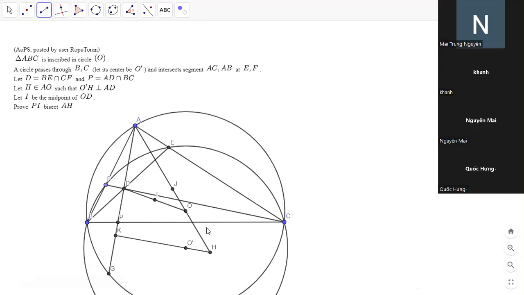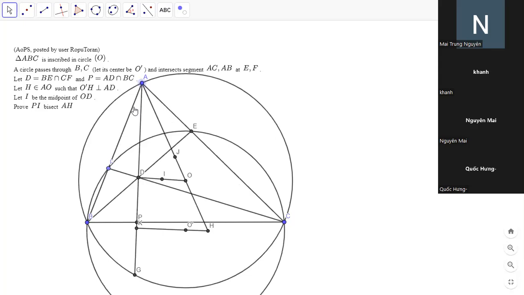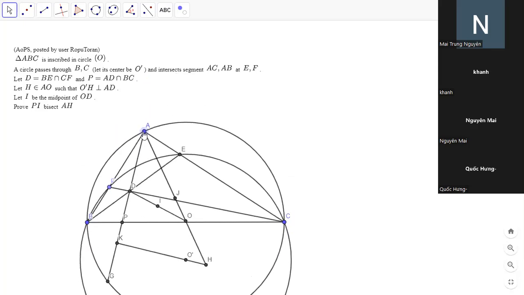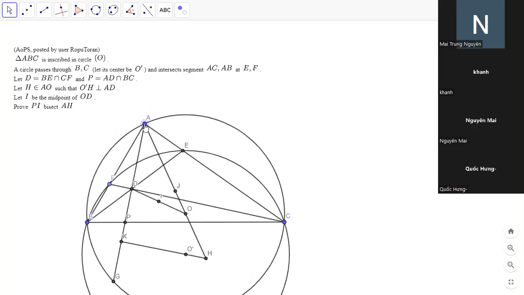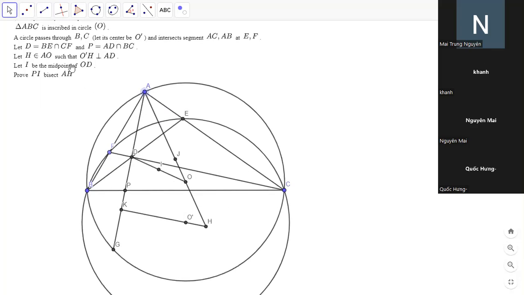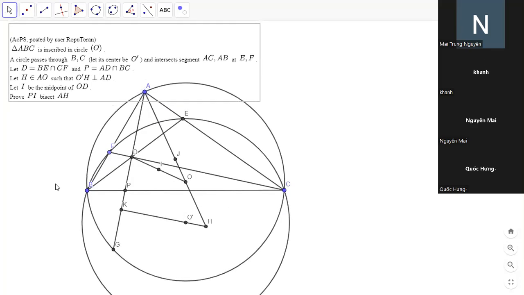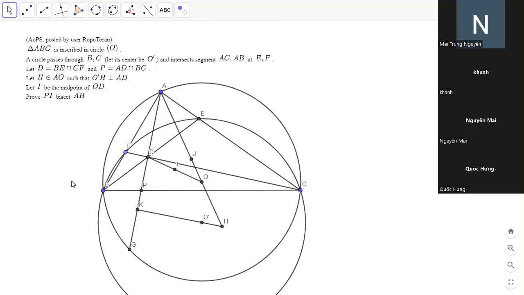So I is the midpoint of OD, J is the midpoint of AH, and I want to show that these are collinear, I guess. So I guess the picture was kind of better before. Yeah, like this. Okay. Interesting.